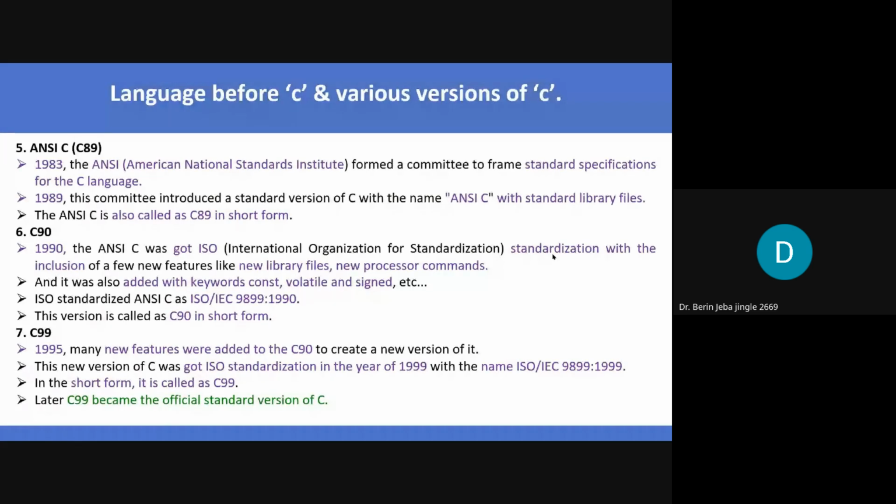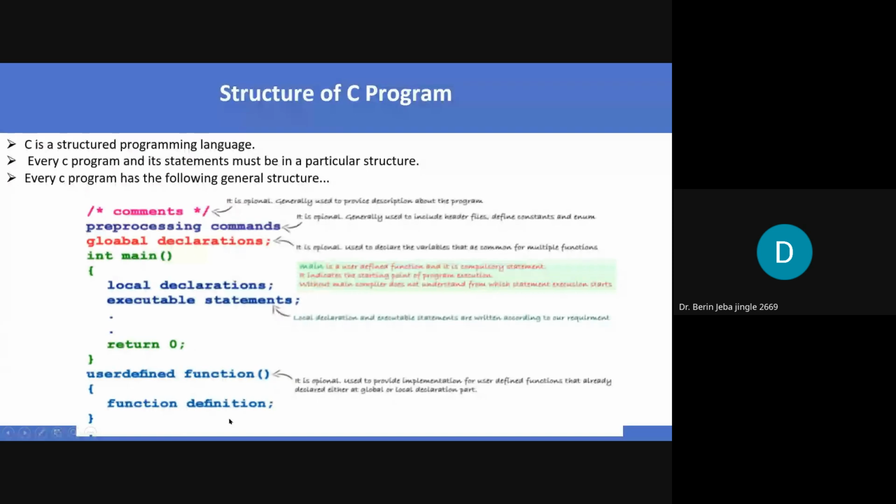They verified its library, its preprocessor commands, syntax, everything, and gave ISO standardization with its new features. Then C99. Many new features were added to C90 to create a new version, which received ISO/IEC 9899:1999. That's all about C.